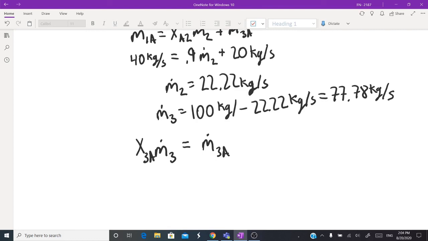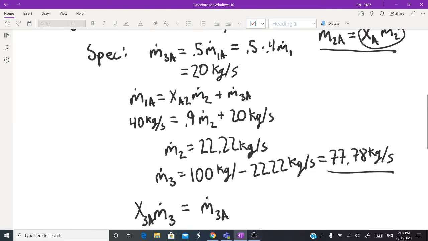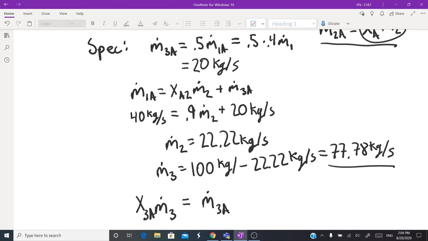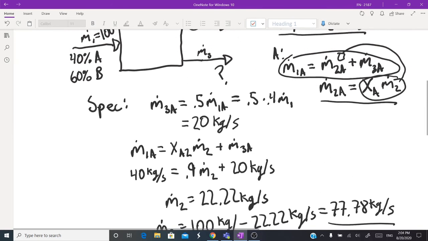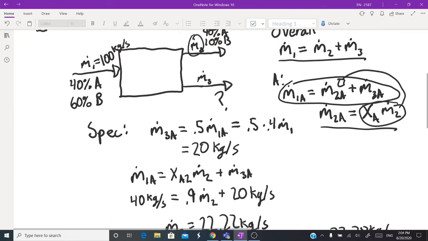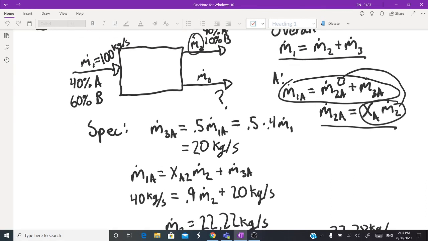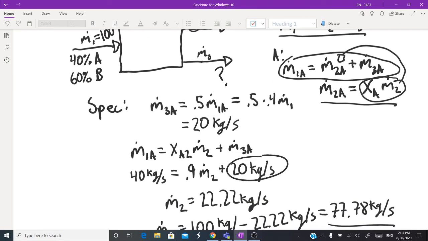We have M3 now, that's right here. We have M3A, which we used here. There you go.